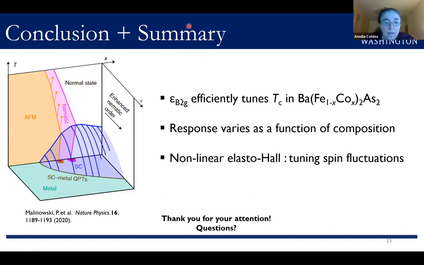My question is about the second part of your talk, in particular about the Hall effect. So when you apply strain, you expect that you affect both the longitudinal component of resistivity, but also the transverse component. So can you say something about the two components of your resistivity tensor?